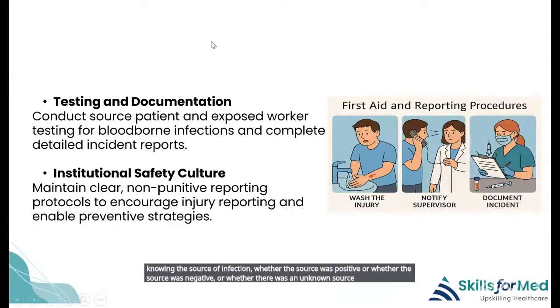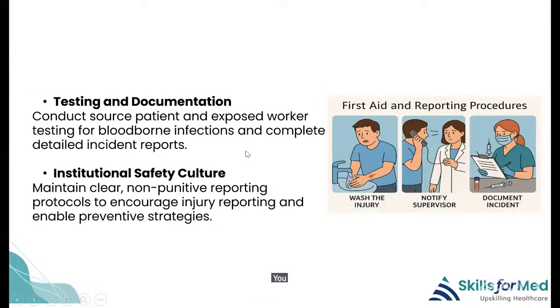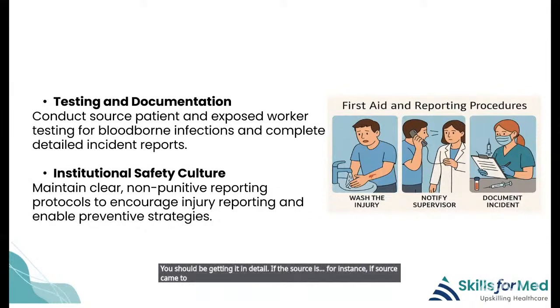Conducting source patient and exposed worker testing for bloodborne infections, you should get in detail. For instance, if the source came out positive, you should always know the viral markers, according to which your treatment regimen is decided. So it's very important that you identify the source from where you got the exposure.